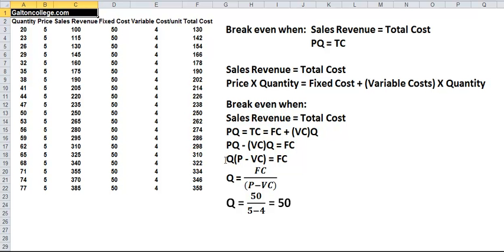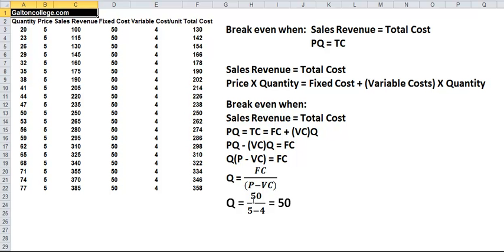Now to get the quantity on its own, if we divide the left hand side by P minus VC, then we must divide the right hand side by P minus VC. Divide the left hand side, it'll just equal 1, and 1 times Q is equal to Q. Divide the right hand side, you'll get FC over P minus VC.